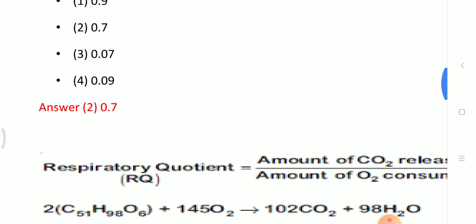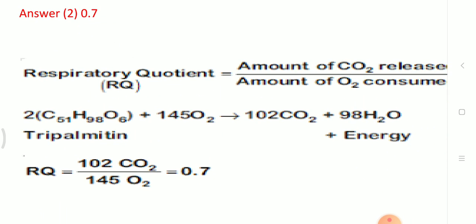The respiratory quotient, RQ, is the ratio of the amount of carbon dioxide released divided by the amount of oxygen consumed. This type of calculation can be made for biomolecules like carbohydrates, proteins, and lipids.